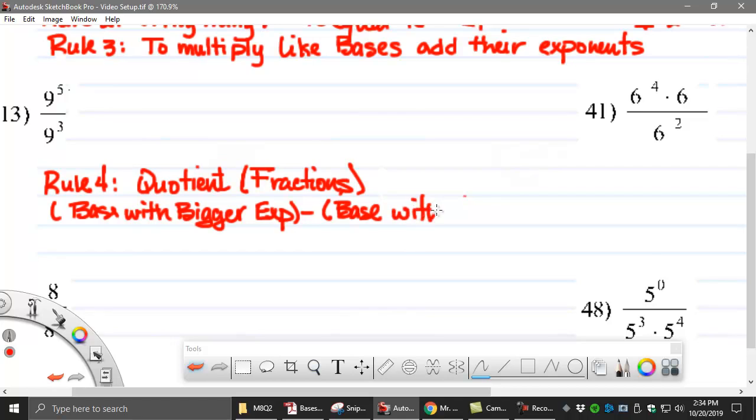So if you look at 9, 9 has a 5 where the bottom 9 has a 3, so the 9 on top has a bigger exponent than the bottom 9, which is a 3. So we're going to take that 5 and subtract 3, and we get 2.